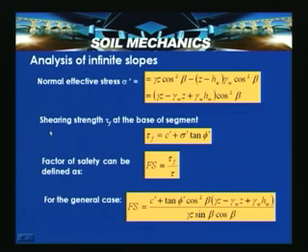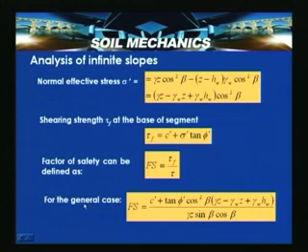Shear strength available tau f at the base of the segment can be written as tau f equal to c plus sigma tan phi. In case of effective strength parameters, tau f is equal to c dash plus sigma dash tan phi dash. So factor of safety can be defined as tau f by tau. Here tau f is the shear strength available, and tau is the shear stress caused by the disturbing forces.